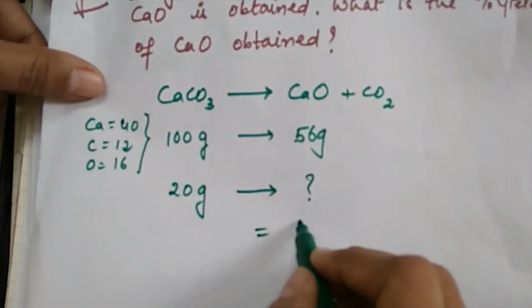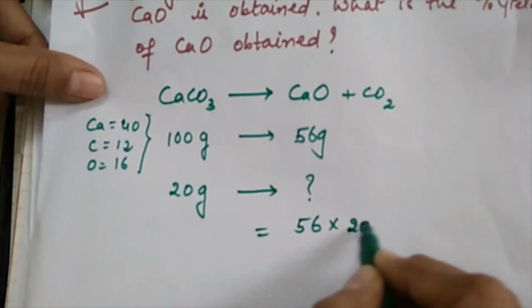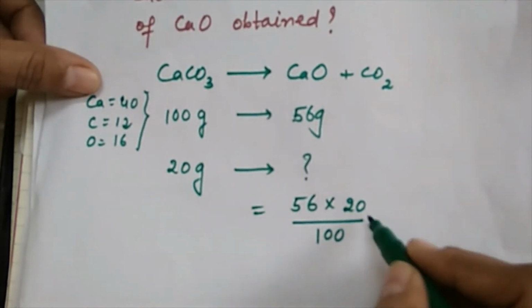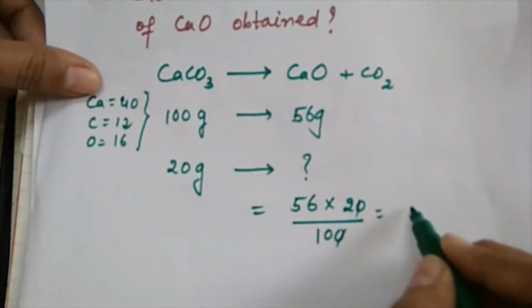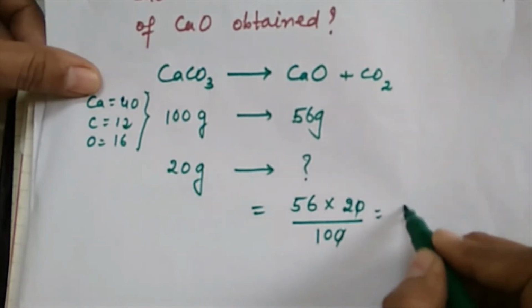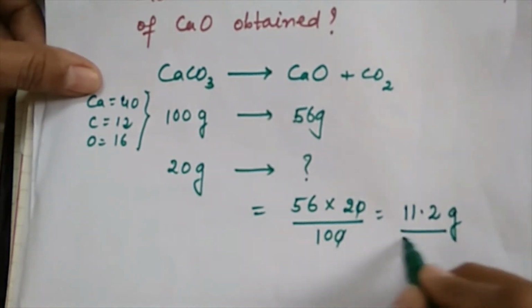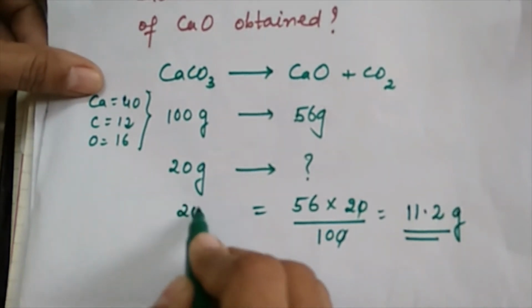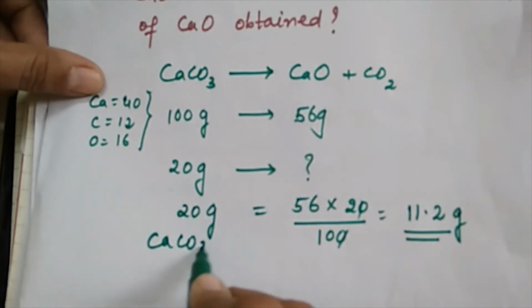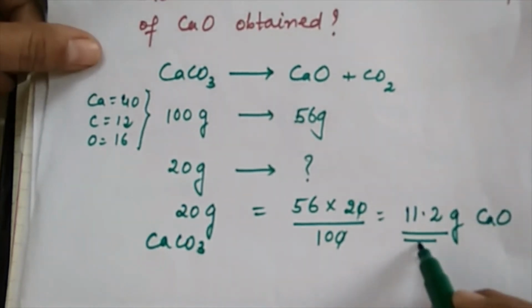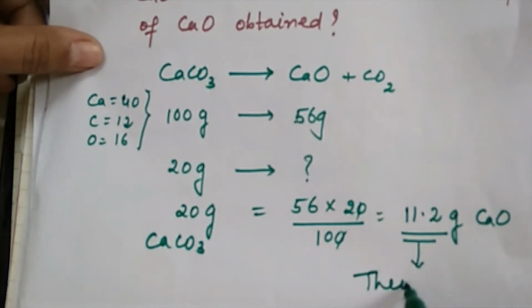That will be equal to 56 into 20 divided by 100, so that will be around 11.2 grams. This is for 20 grams of calcium carbonate. This gives 11.2 grams of calcium oxide. So this you can say is the theoretical yield.